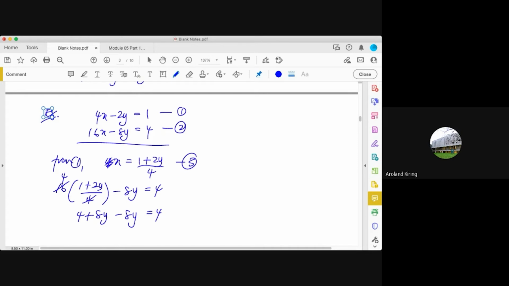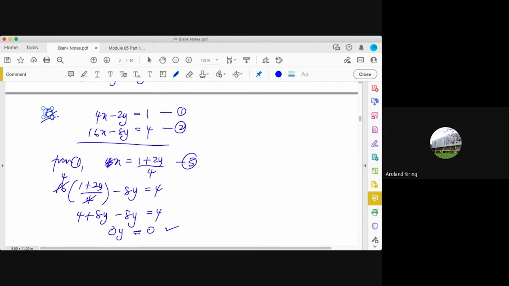And then if you solve it, you got 0y, and here also you got 0. Okay, so in this case, this is fine because the left-hand side of the equation is exactly the same as the right-hand side of the equation. Since if we solve, we got this equation 0 equals 0.